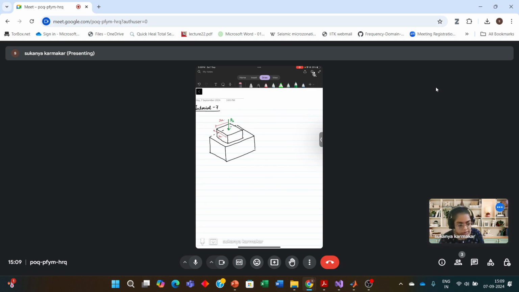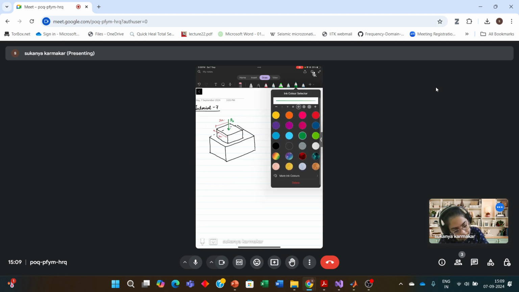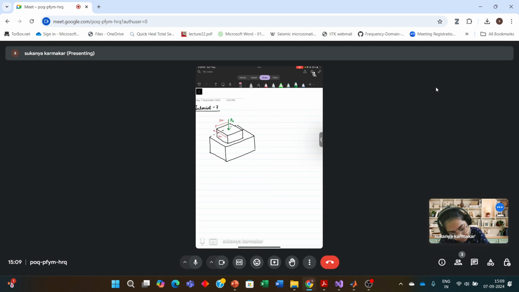And if I look at the cross section of this block, let's say you cut the block with a plane like this.